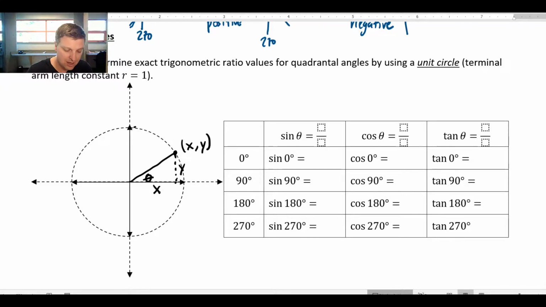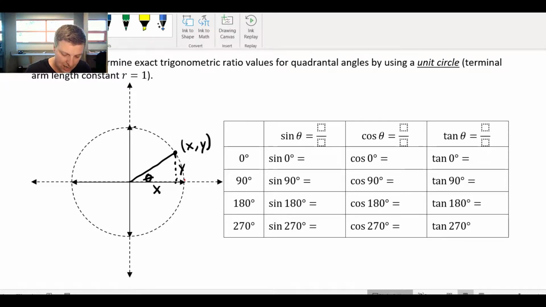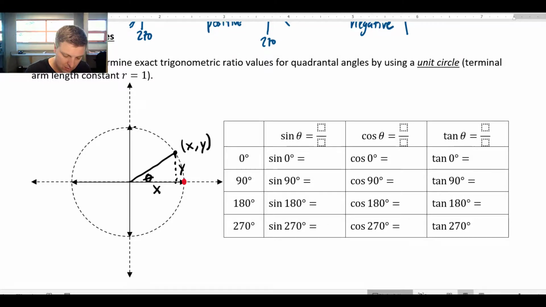And so I want you to think about, let's try and do this visually, what happens if you start here and you rotate around as you go around this circle. So starting in that starting position and rotating around the circle, what's going to happen to the value of the x-coordinate? What's going to happen to the value of the y-coordinate? Sine is going to be y over r. Cosine is going to be x over r, and tan is going to be y over x.